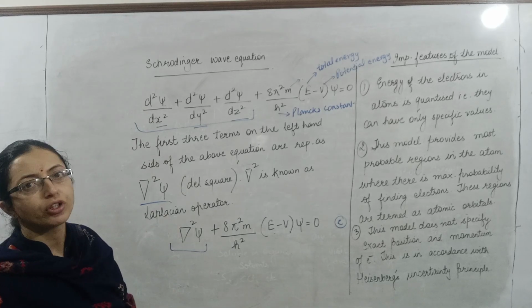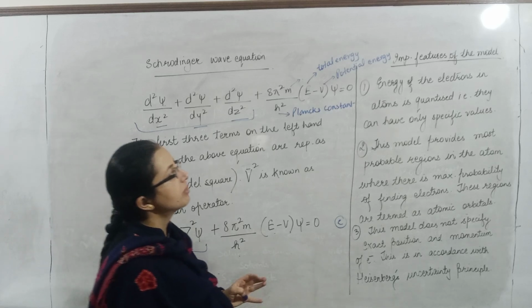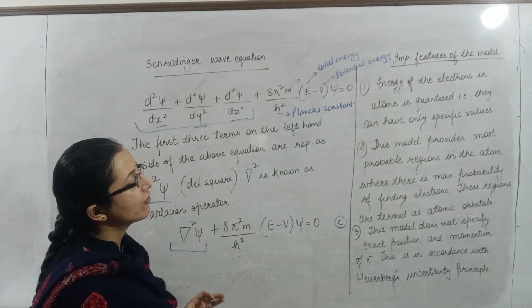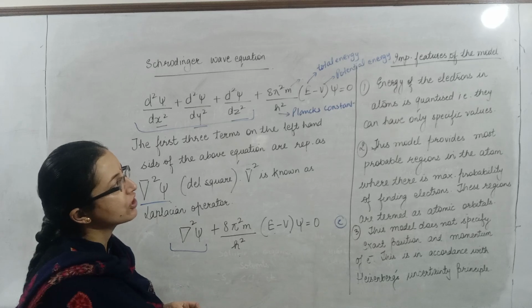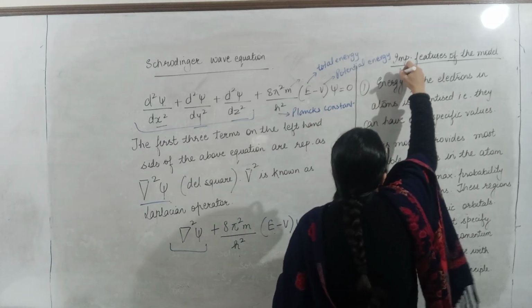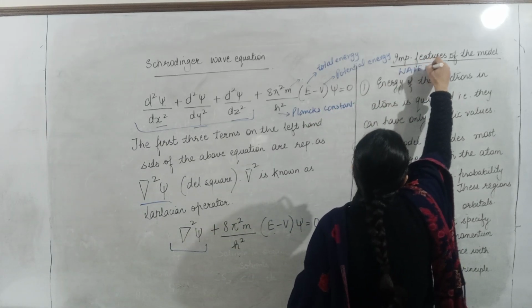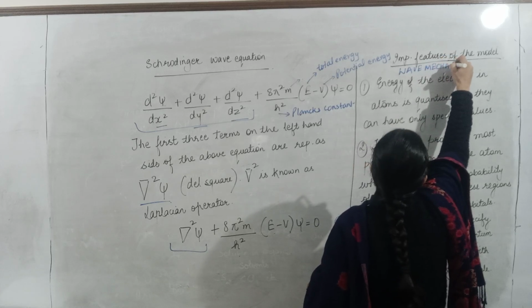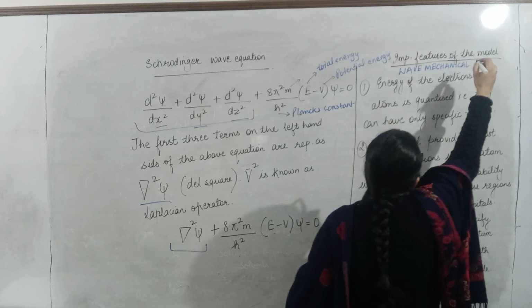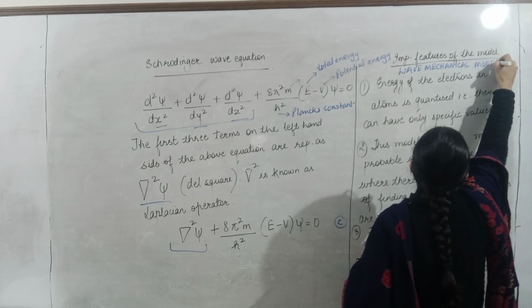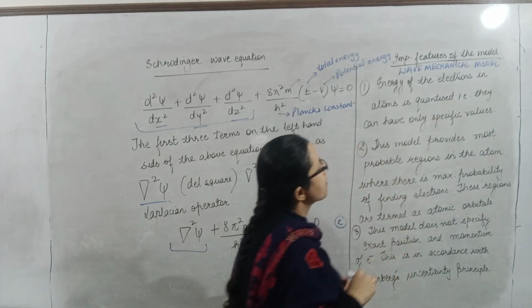Now let's look at the important features of the model. क्वांटम मैकेनिकल और द वेव मैकेनिकल मॉडल के जो इंपॉर्टेंट फीचर्स हैं वो क्या है? Wave mechanical model is also called as quantum mechanical model. So what are the important features?